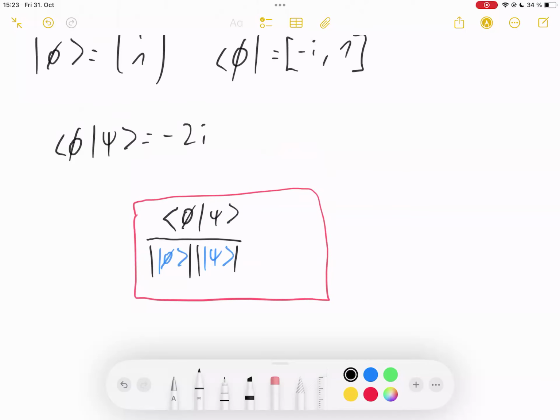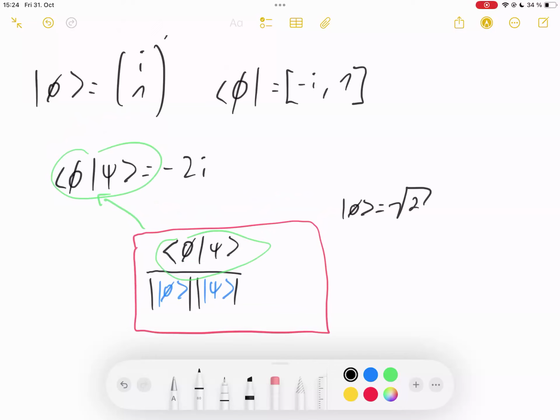And if you apply this equation to here, so we have just calculated the numerator, you would still do this for the denominator, then you will see that this is fairly easy because we have the norm of our phi ket, and the norm is just the square root of 2 because we have an I and a 1. We have the norm of the psi, so the norm of the psi ket would also be square root of 2.